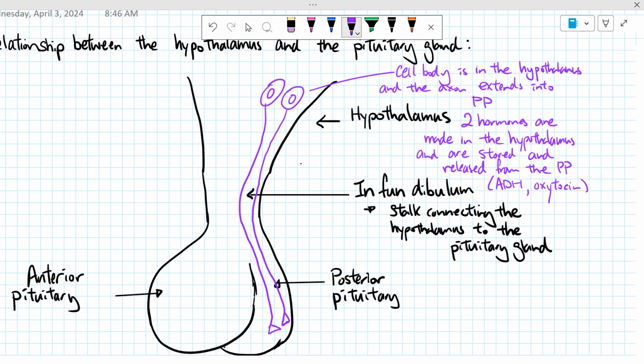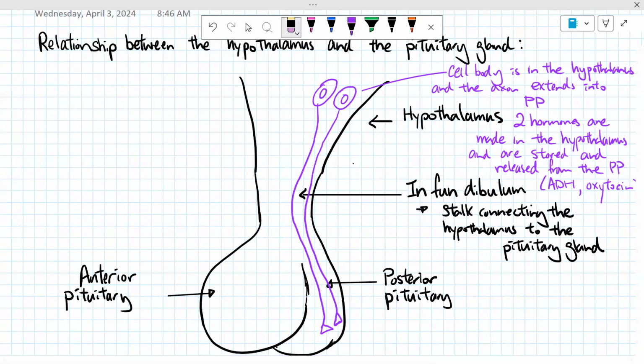Sometimes if you're late in the pregnancy and not going into labor, they might give you synthetic oxytocin to start your contractions. So more on that next week. But ADH and oxytocin are hormones that are made in the hypothalamus. They are packaged into vesicles, which then go down the axon, and then they're stored and released from the posterior pituitary gland.